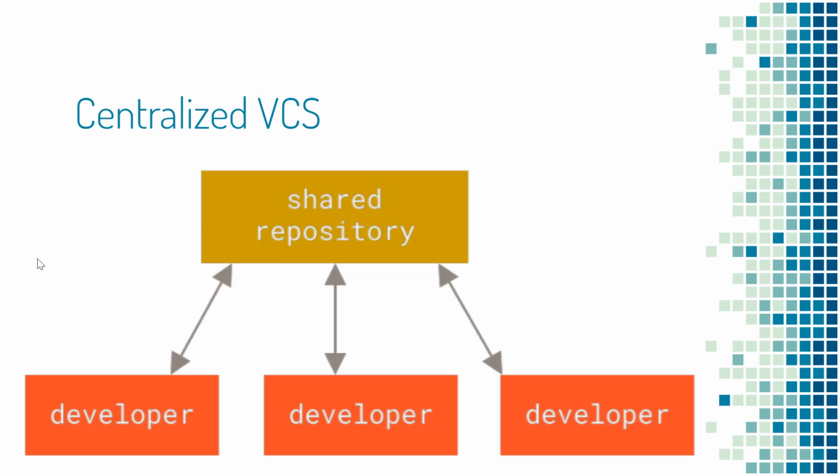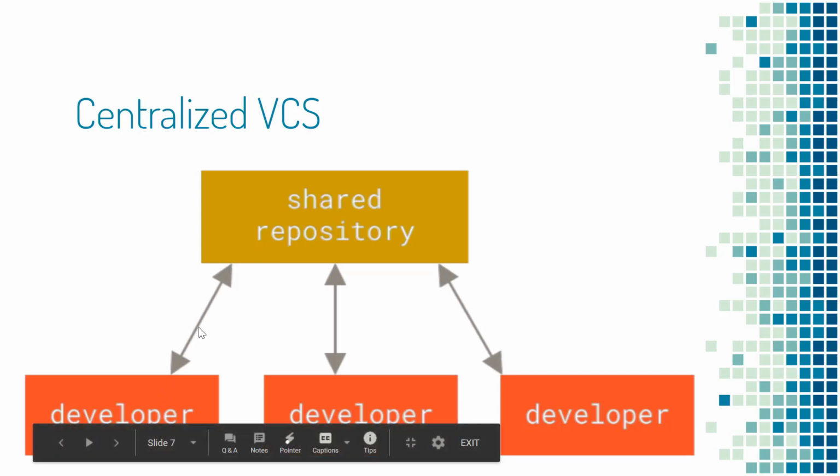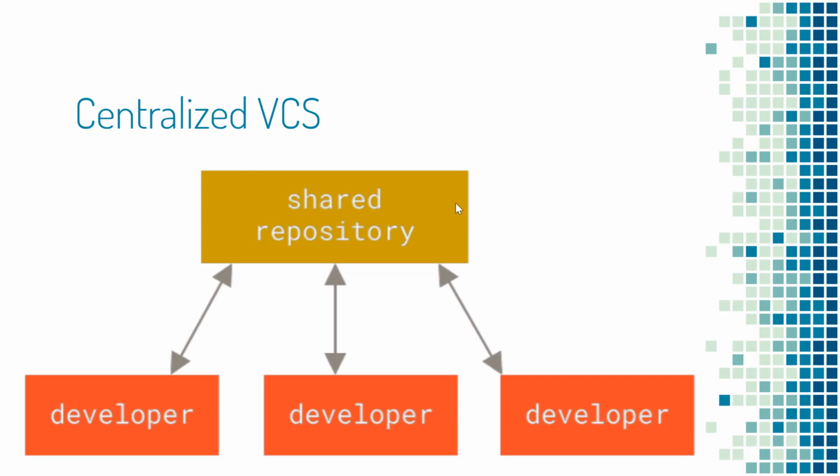As you can see here, the developer will have access to the shared repository. Here in the shared repository, we might have one server or multiple servers, but the sense of centralized here is just one location that holds all your code base.